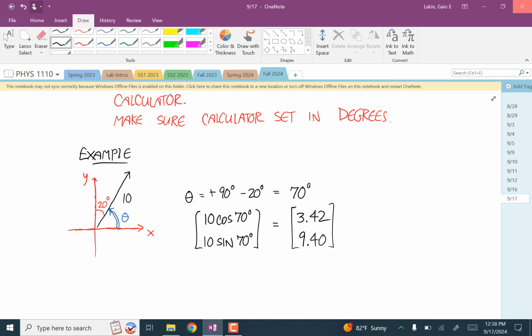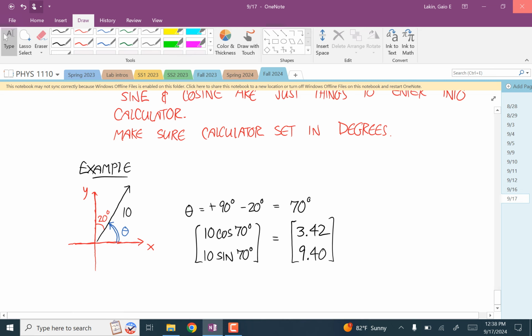Anybody have any questions about that yet? Yeah, I didn't understand it at all. Okay. Well, if you have a calculator in front of you, there's a sine and a cosine button. We want to find the angle where, if you start at the positive x-axis, going this way, how far we have to rotate it counterclockwise to match it up with the vector.